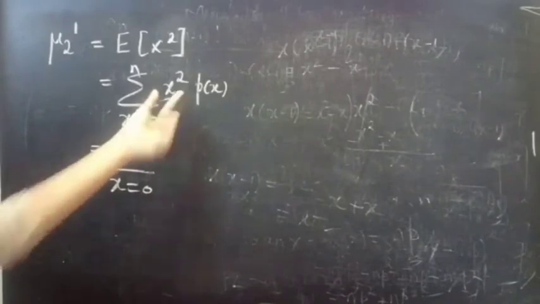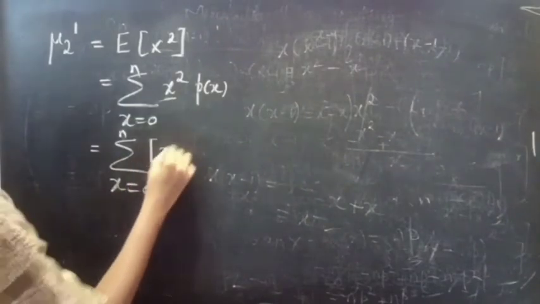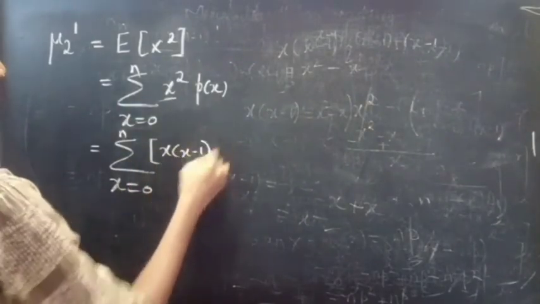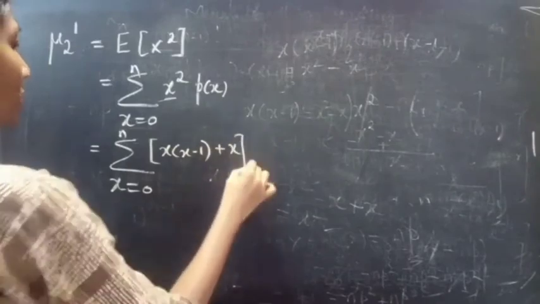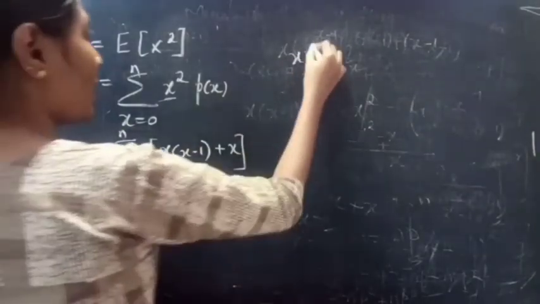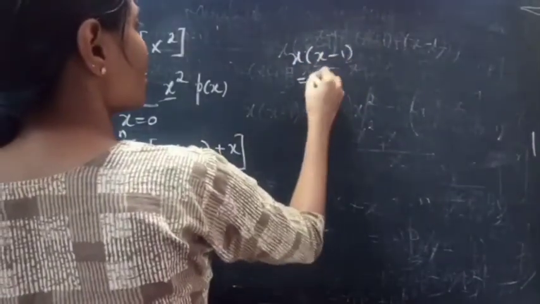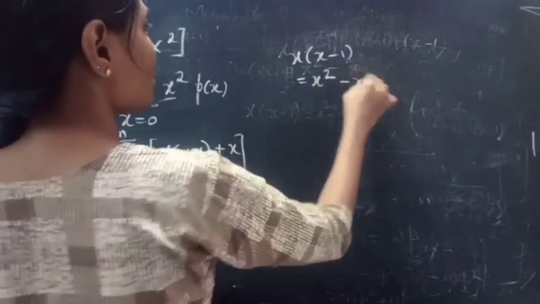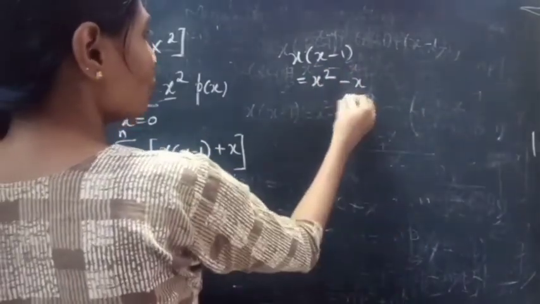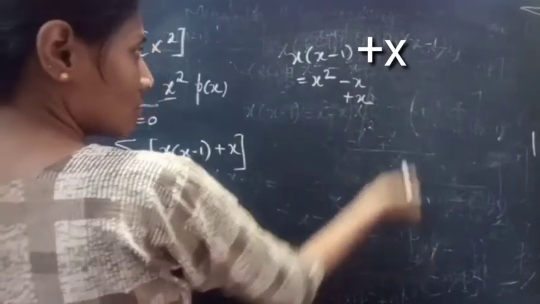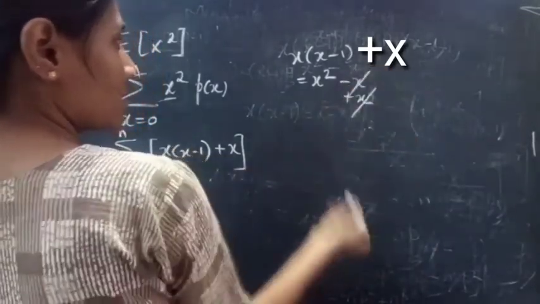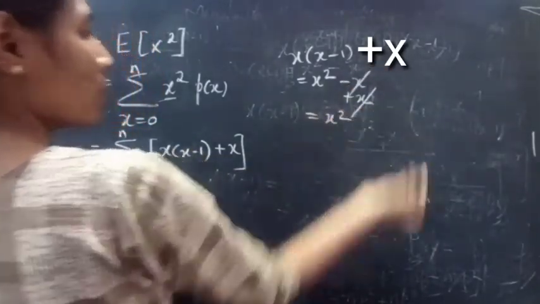Here x square can be written as x into x minus 1 plus x. See, x into x minus 1 is equals to x square minus x. If you add plus x to this, minus x plus x gets cancelled and finally you'll get x square.